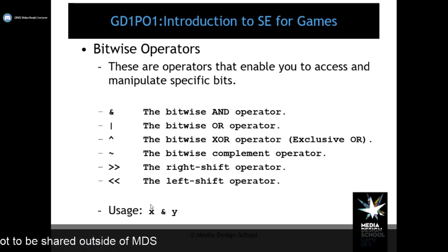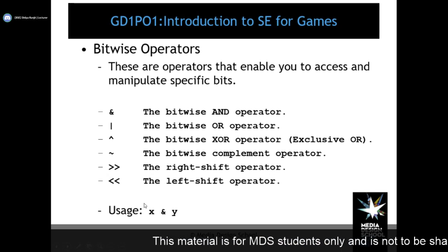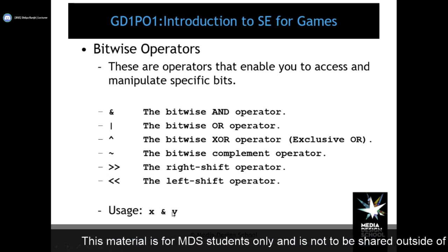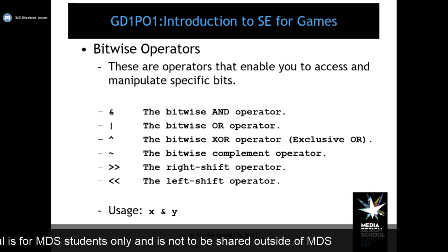Okay, so when you have x is equal to 12, the binary equivalent of that is 1100. Yeah, 1100. All right, and y is, since it is 13, it must be 1101.